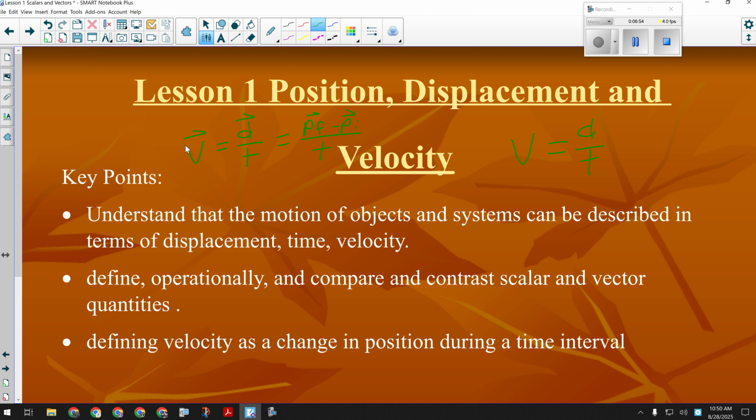So scalar quantities, just a magnitude. Vector quantities have a magnitude and a direction. It's the difference between speed and velocity. I have never known anyone to get a velocity ticket. If you get pulled over and the police officer asks how fast you were going, they want a speed.